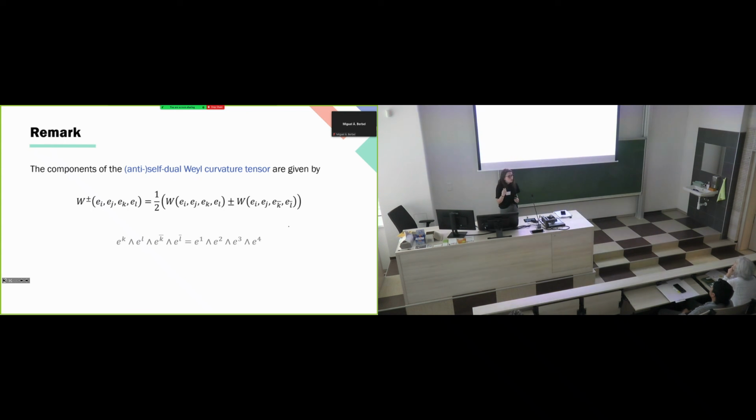So if we now compute the divergence of the self-dual Weyl curvature, we see that the components of this divergence are given by certain polynomials up to some constants.